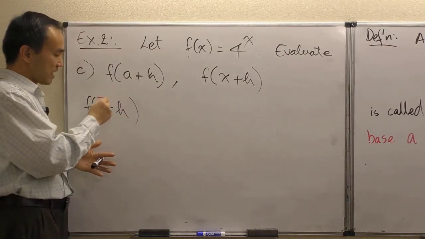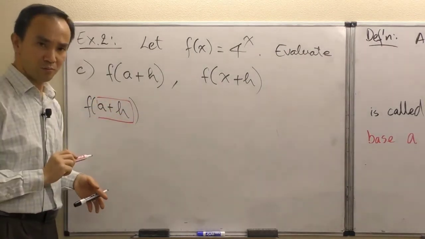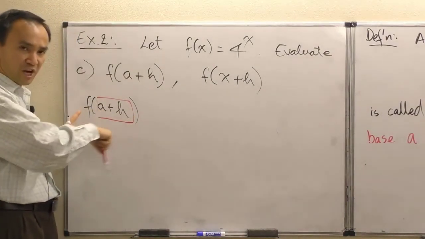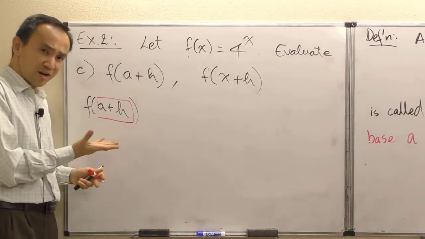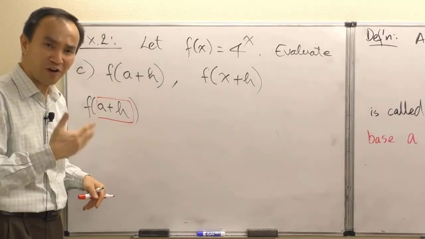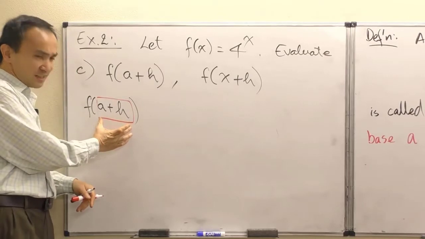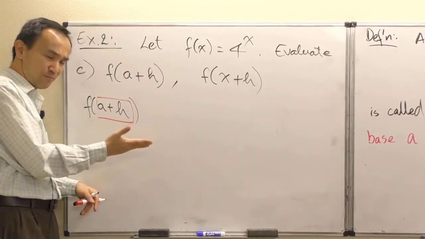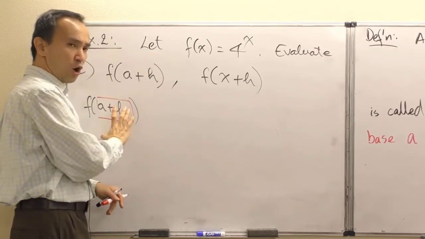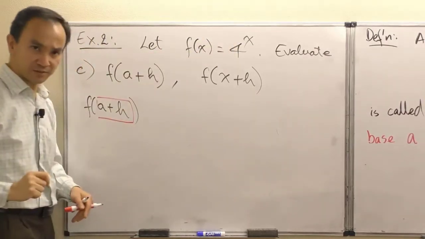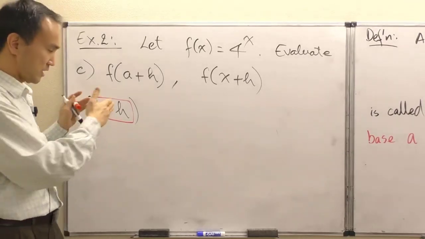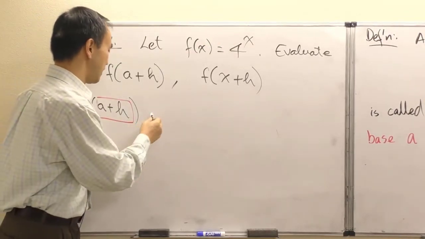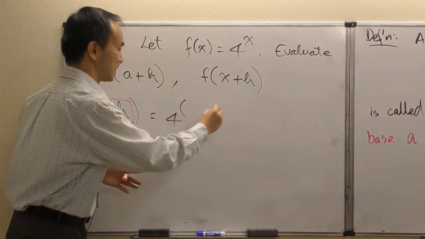Okay, but now starting into handling the first task right here. This a plus h is one expression, and it's in a way how the functional notation is indicating. This is where it's required that you have already been fluent with function notation. So we're going to take the whole input here, the whole a plus h, as one package for the input. I'm going to throw the whole package into the place of x right there. So in that case, our function is 4 to the power of x.